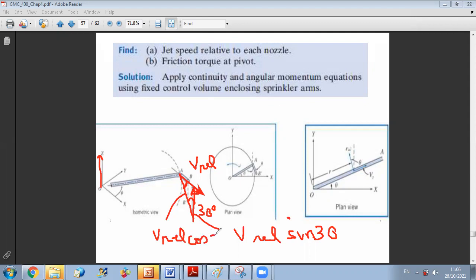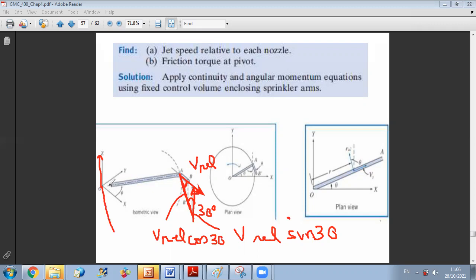Now this segment should be decomposed into X and Y. If you plot XY axes at this level, this line is perpendicular to rod OA.